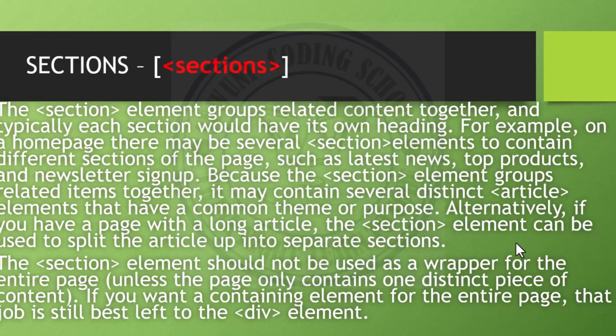Because the section element groups related items together, it may contain several distinct article elements that have a common theme or purpose. You can also have on your page a very long article. Now the section element can be used to split the article up into separate sections.